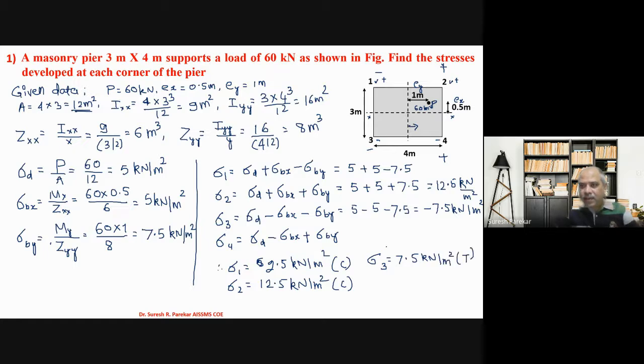And then sigma 4 we have 5 minus 5 plus 7.5, and it will be plus 7.5 kilonewton per meter square, that is compression.